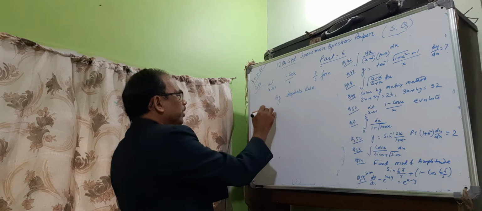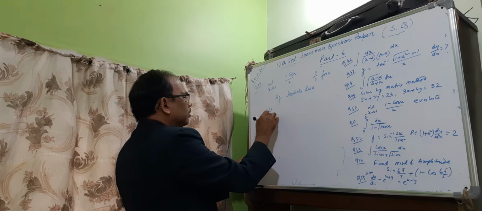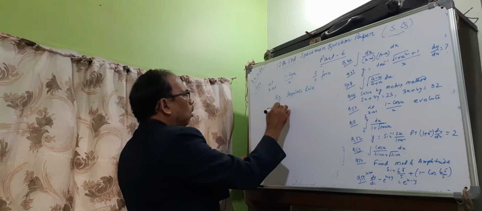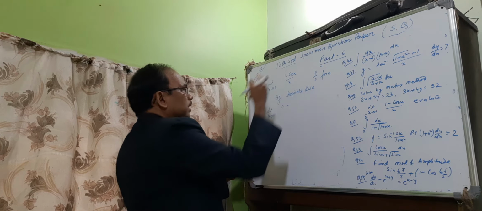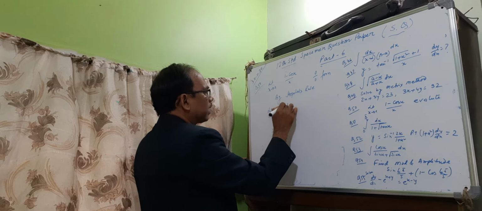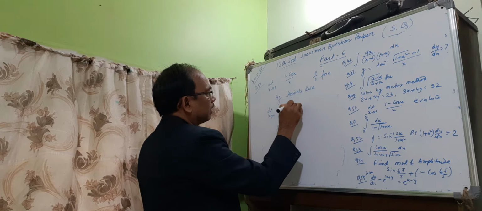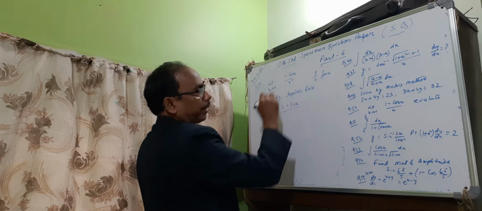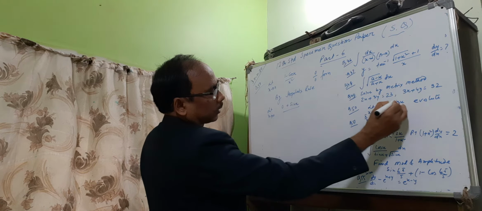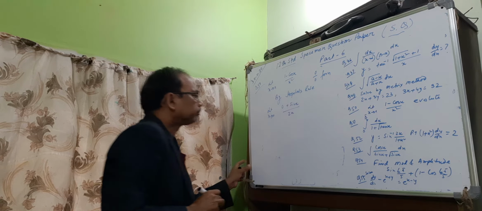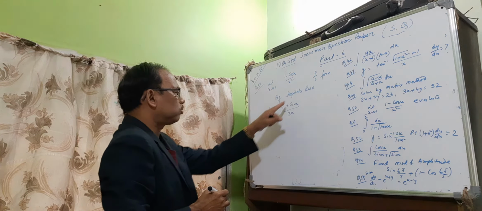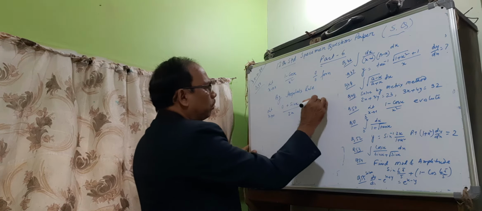By L'Hospital's rule, differentiate it: limit x tends to 0, 1 minus 1 differentiated is 0, minus cos x differentiated is minus sin x, so it is plus sin x, by x square, which differentiates to 2x. Again put x value 0: sin 0 is 0, again 0 by 0 form.